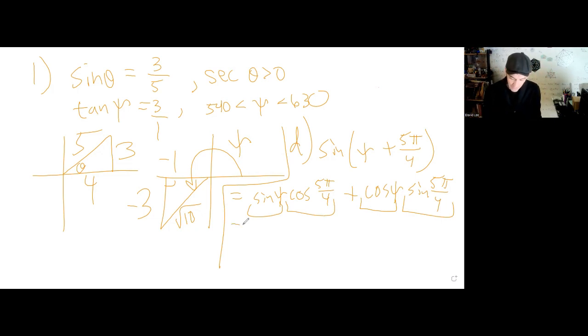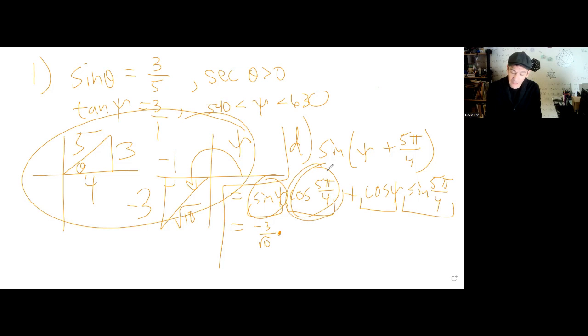Looking at the first one, sine of psi, go to the triangle that has psi. Sine would be opposite over hypotenuse, multiplication. Cosine of 5 pi over 4, just go to your unit circle. You don't need these triangles to find cosine of 5 pi over 4. Just go to the unit circle, tell me what that is.